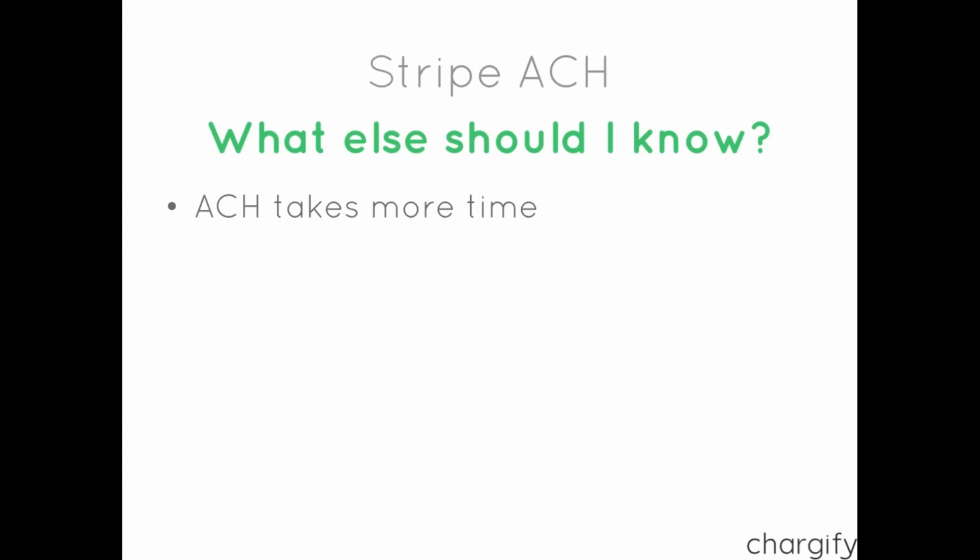You can also put them in a trial state, put them on a free plan, delay the start date, but there will need to be a verification time or a grace period that they'll need to verify that account.